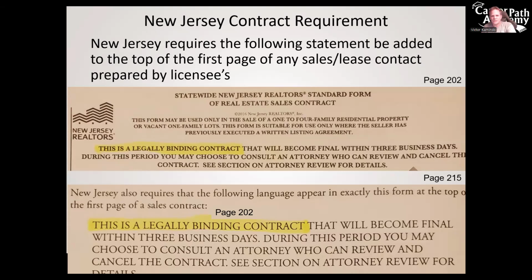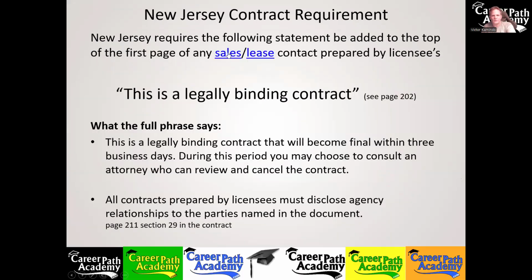By the way, on these slideshows, if you were to use them, you can see that these are actually links here to a sample sales contract and lease contract. I got links to them in the shared Google Drive.